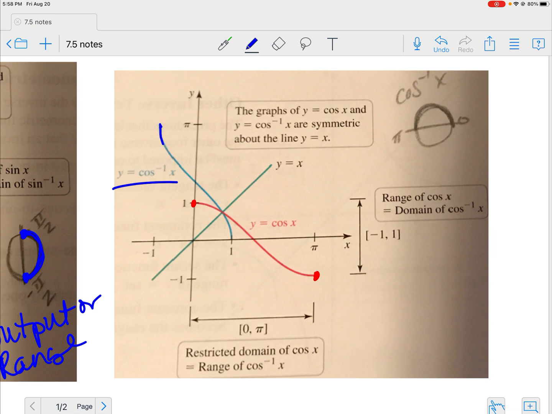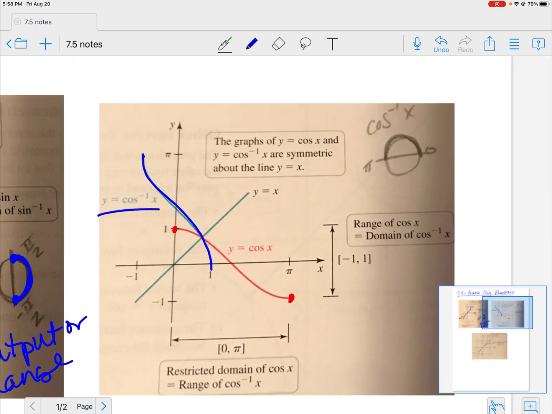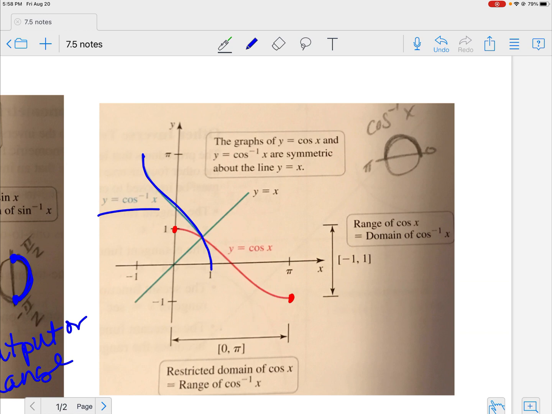So we've got my inverse cosine, and it's that same kind of deal. Here is my y is equal to x. So if I have this point right here, I've got this point right here, right? Here's my point 0, 1, so I have the point 1, 0. And then same thing with my pi up here. So that's just my inverse. And so the kicker to this is the fact that I have to restrict my domain.